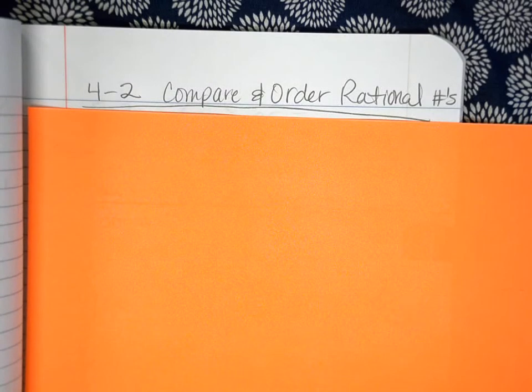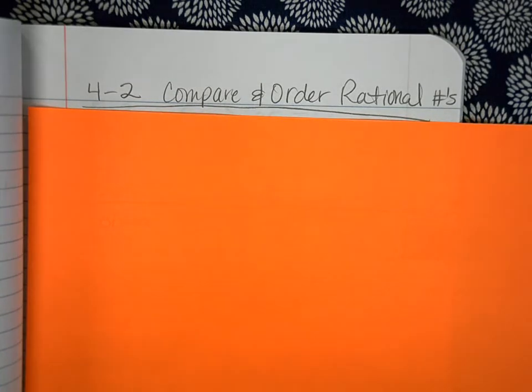So this is 4-2, comparing and ordering rational numbers. Raise your hand if you think you know what a rational number is, or the definition of a rational number. Anyone? Rational. There's a word in it. Like ratios? And what are ratios?